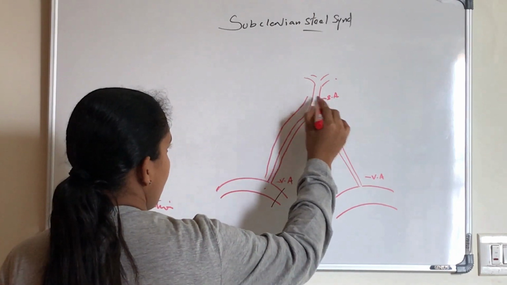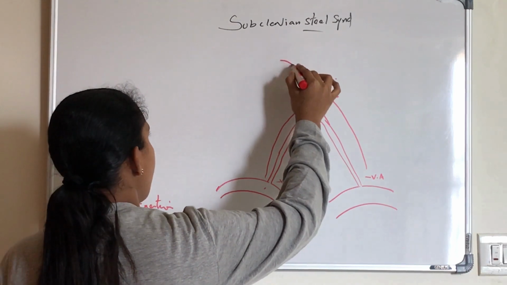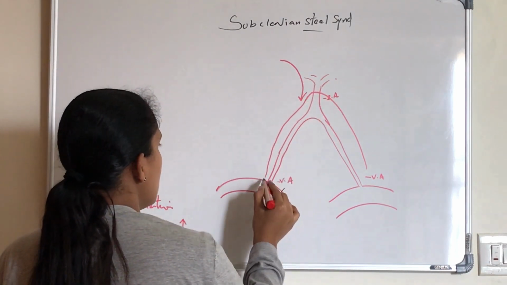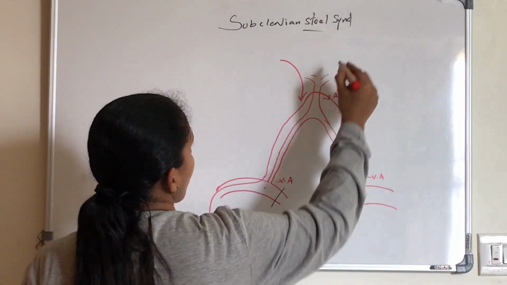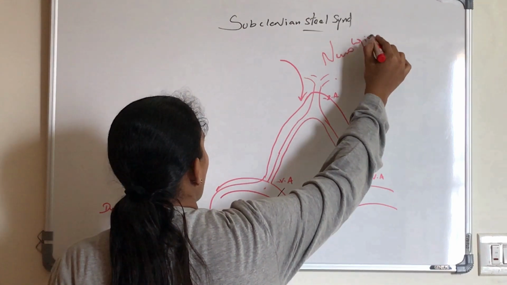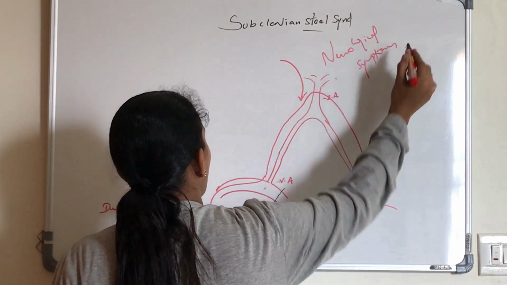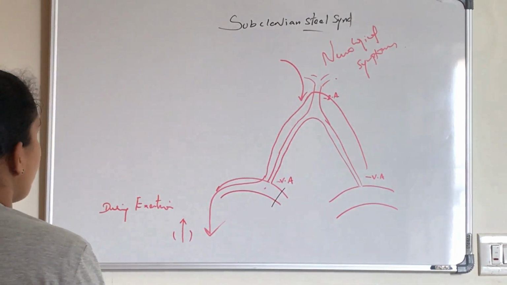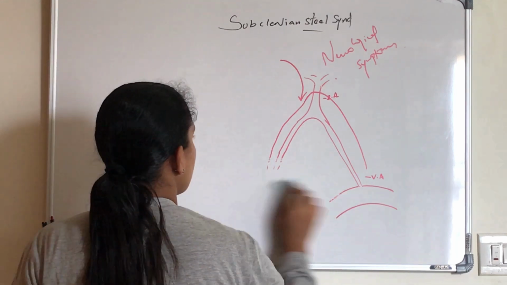When the subclavian artery is blocked, it steals the blood from the opposite side vertebral artery at the expense of vertebrobasilar circulation. This results in neurological symptoms. So this is subclavian steal syndrome.